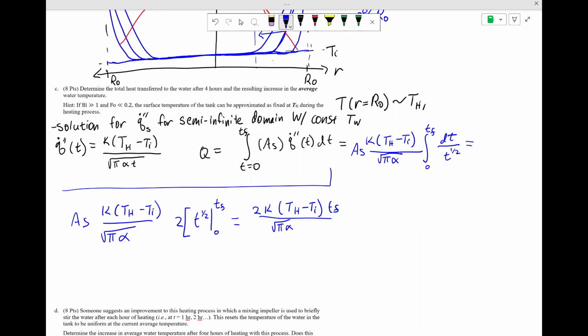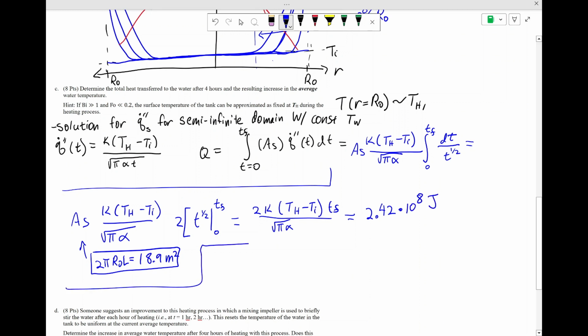And note that AS is equal to 2 pi RO times L, which is 18.9 meters squared. So we can plug that in, and we will get a total heat input of 2.42 times 10 to the 8th joules, which certainly sounds like a lot of joules.